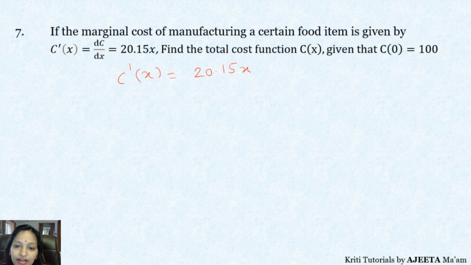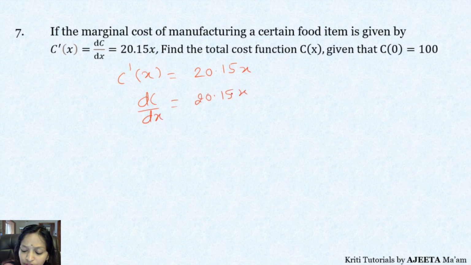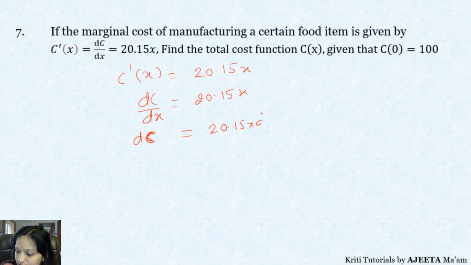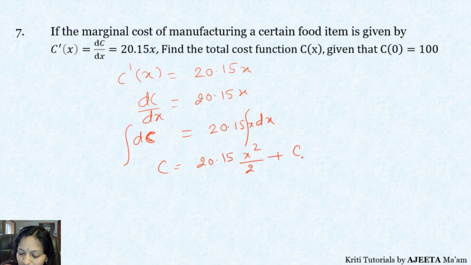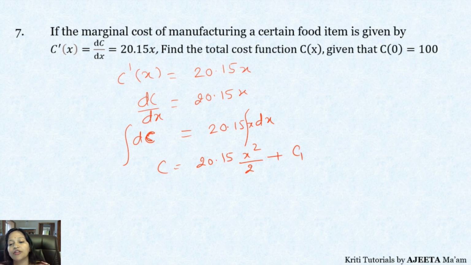If the derivative dc by dx has already been given to us, we can find it. Here the k value is already given to you. Let's use the variable separable form. We have dc equal to 20.5x dx. Now let's integrate it. So c is 20.5 x square upon 2 plus, let's say the constant c1, the integration constant, because this is our cost function.